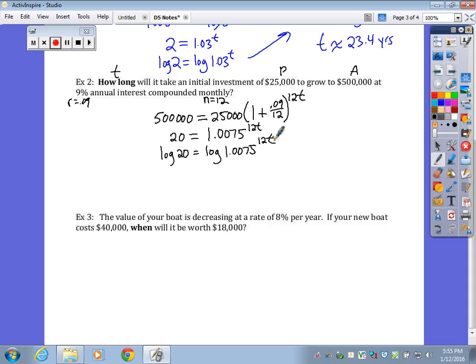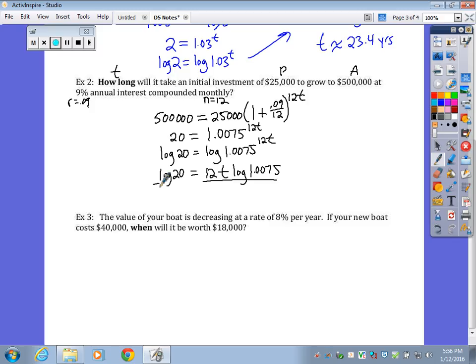Okay, and then invoking that property of logs, the 12t comes down and is multiplying. Now, I'm trying to get t, and there's two things multiplying the t.